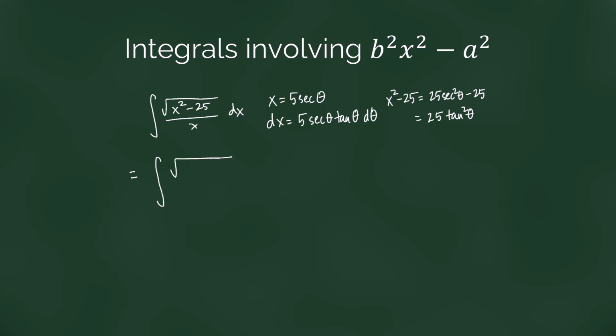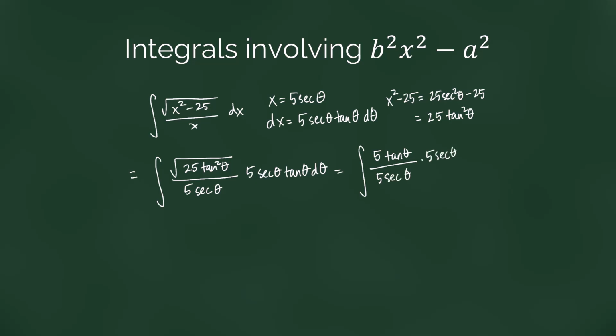We have the antiderivative of the square root of 25 tangent squared theta all over 5 secant theta. And then replacing dx, we get 5 secant theta tangent theta d theta. We'll take the square root of our numerator to get 5 tangent theta over 5 secant theta times 5 secant theta tangent theta d theta.